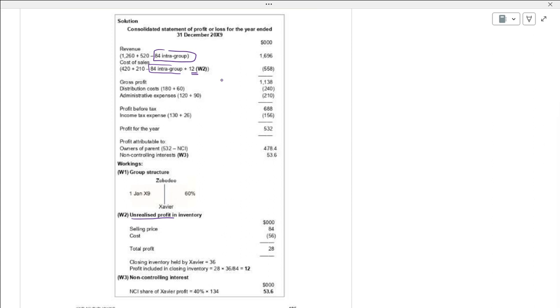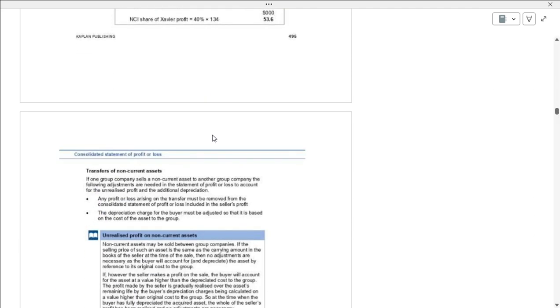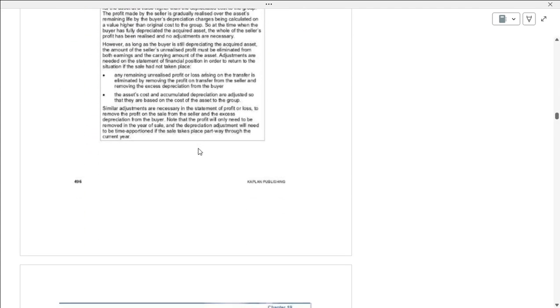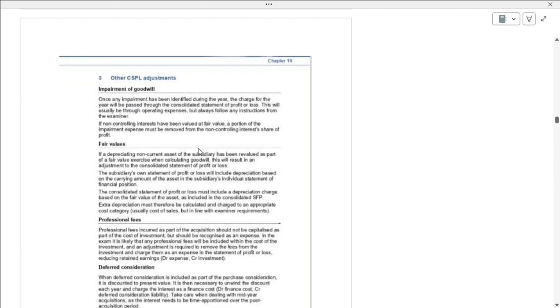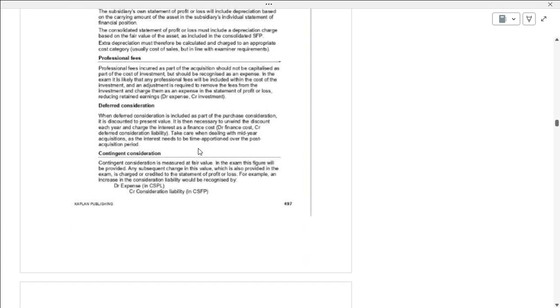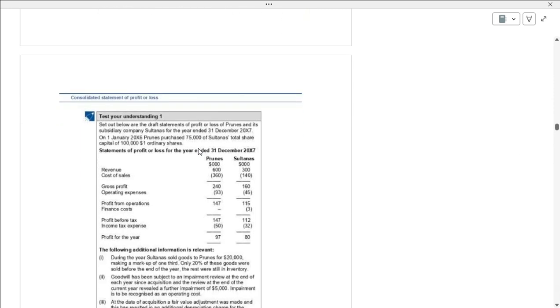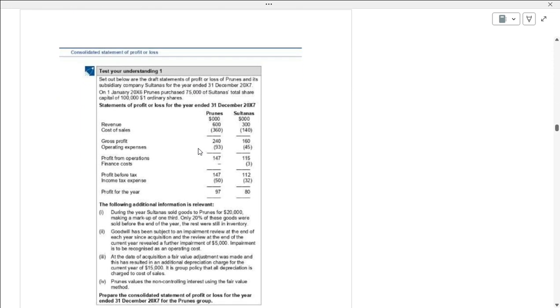We have to work it out on the unrealized profit. Apart from that, other things are normal. Now we will take this one and focus on this.